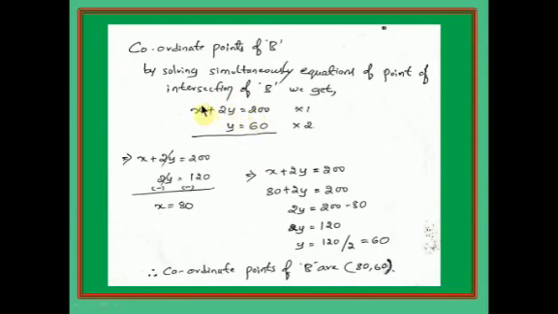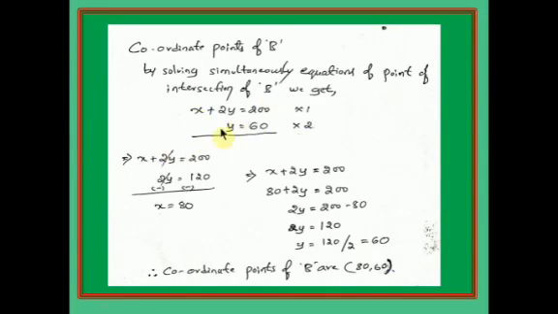Here one of these decision variables has to be cancelled by adjustment, and then the remaining value of x can be calculated, and further, by putting the x value in any of the equations, the y value can also be found out.